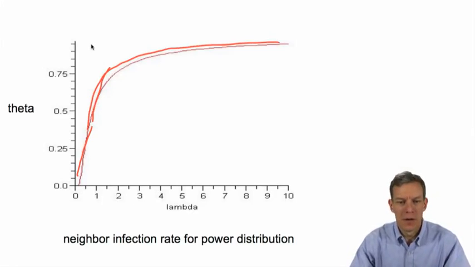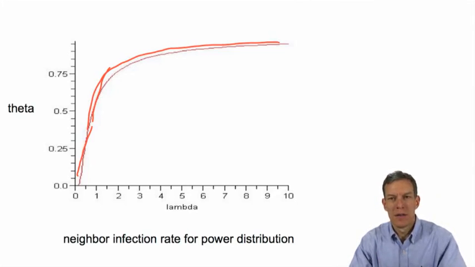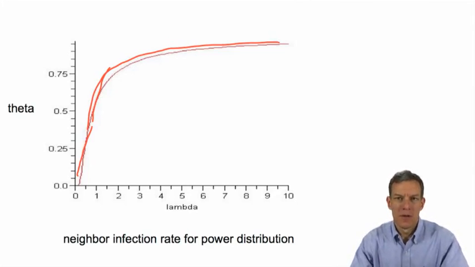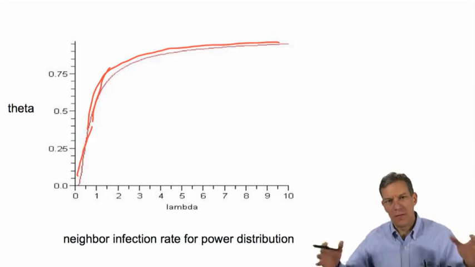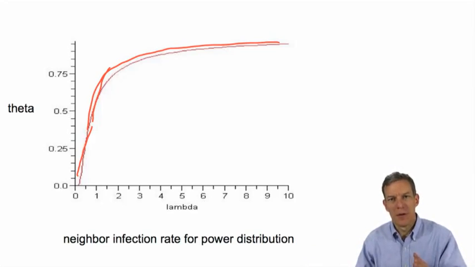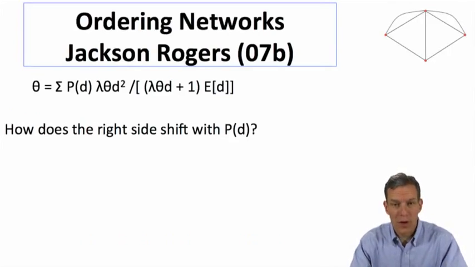It can't go above 1, but we're getting a very high neighbor infection rate as lambda increases, because then we've got these very high degree nodes. They become infected, they infect others, and so forth, and as lambda is increasing, we get a very rapid infection increase.